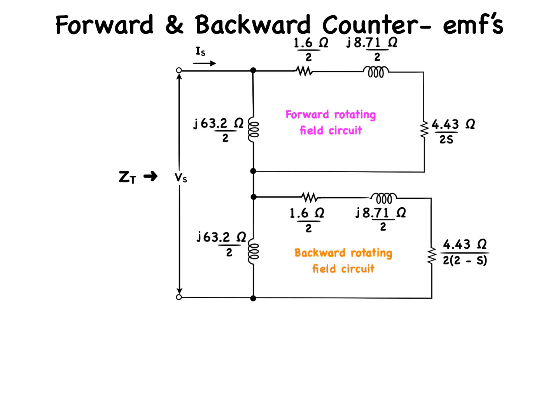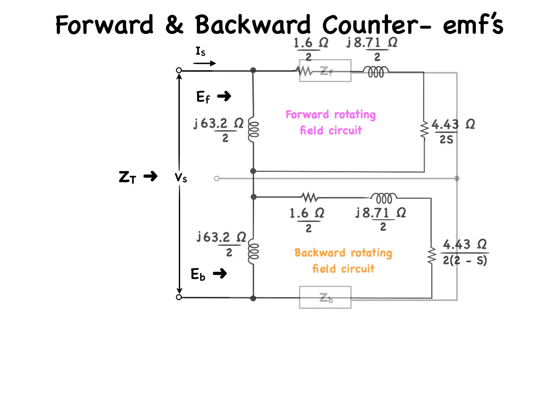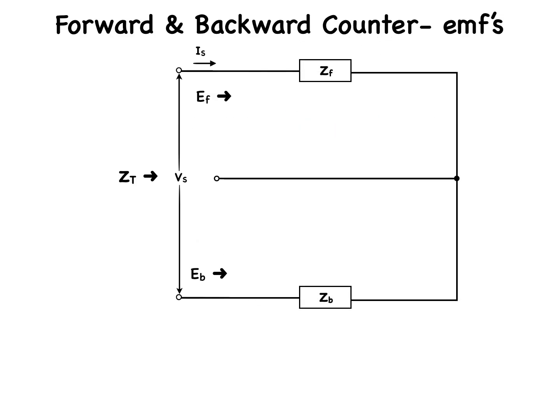The forward and backward counter EMFs are simply the voltage measured across both of the forward and backward rotating circuits. In order to visualize this more simply, I am again going to lump the forward and backward impedances and call them ZF for the forward impedance and ZB for the backward impedance.